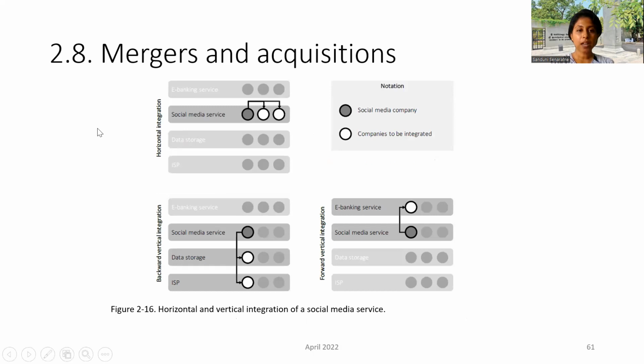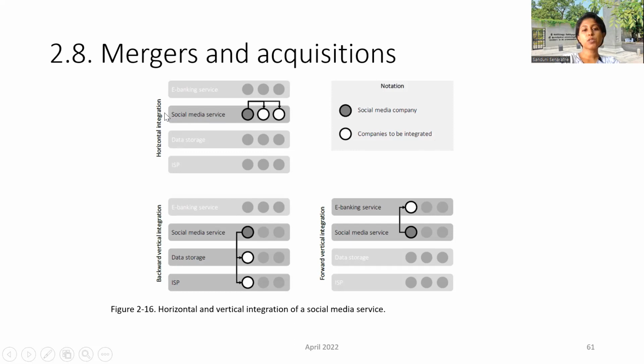Now here, an example has been shown for horizontal integration, and then vertical integration. Now vertical integration once again can be divided into backward vertical integration and forward vertical integration, right? Now what is shown by this dark gray dot is a social media company. Then the white dot represents companies to be integrated, right?